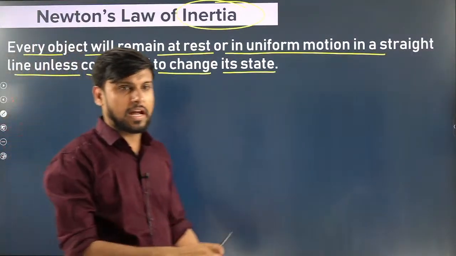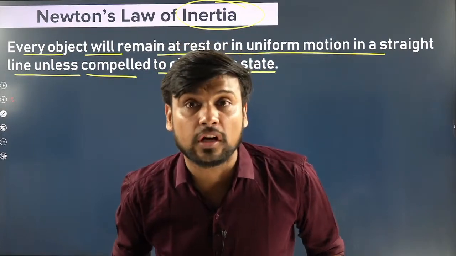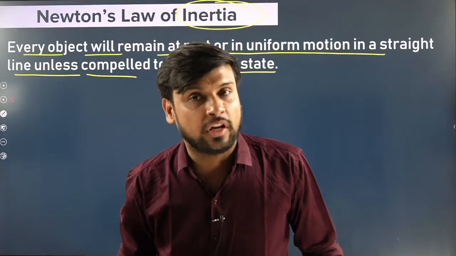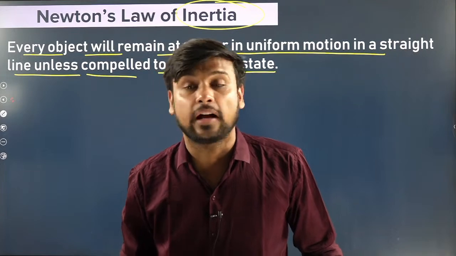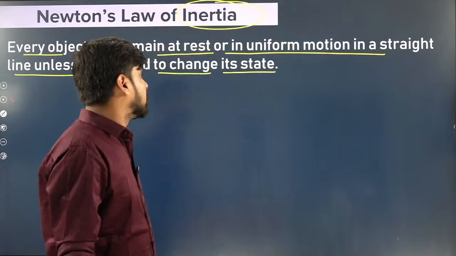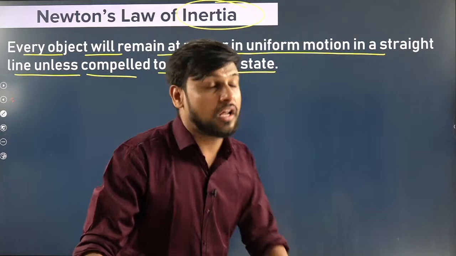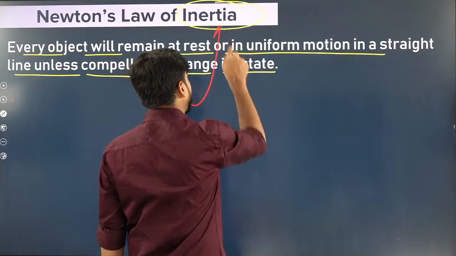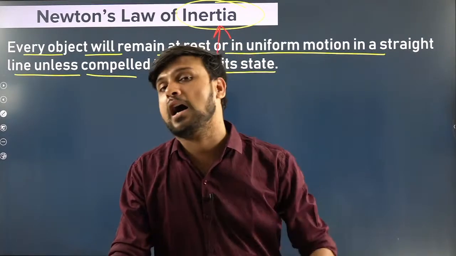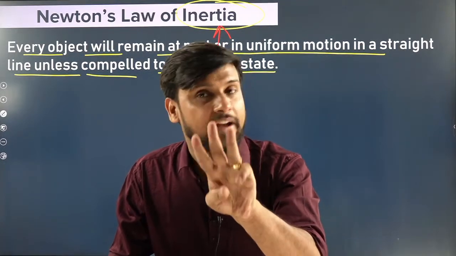So what we had done, we started our chapter with the first law, the law of inertia, by giving some examples: a body in motion remains in motion, a body at rest remains at rest, until and unless an external force is applied on it. Then we explained this law with a few examples, and we discussed one important word, which is inertia. Inertia is of three types: rest, motion and direction.